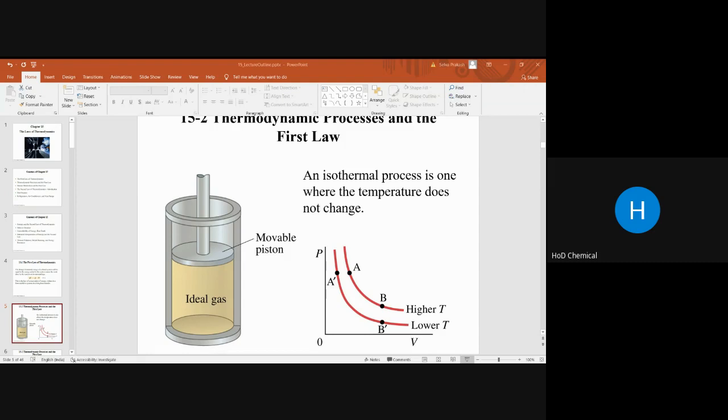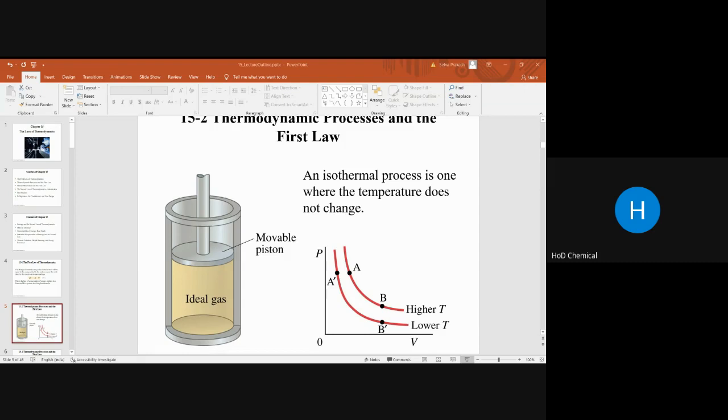Now the next one is the isobaric process. In this process, P is constant, which means pressure is constant. So the first law equation becomes Q equals delta U plus W, equals delta U plus P dot delta V. Now the isovolumetric process: V is constant, which means delta V equals 0, which makes W equal to 0.